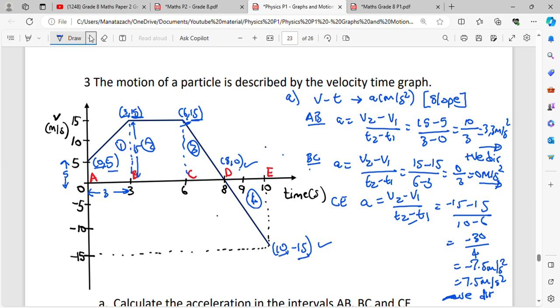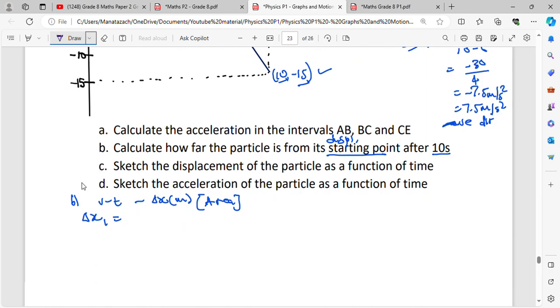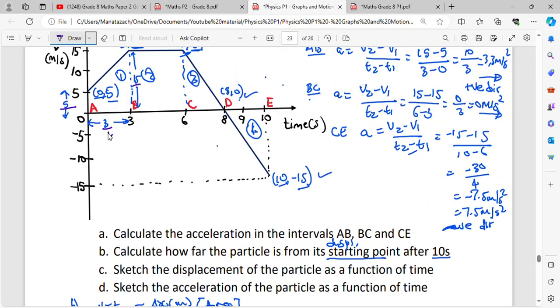So remember, we've got 15, 3, 5. The area of a trapezium is half height times A plus B. Our height is 3, our A is the small side, 5, and the longer side is our B, 15.